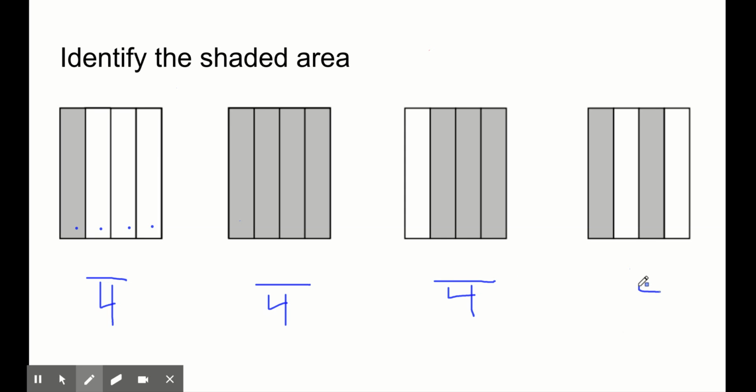The parts that are shaded will be made into fourths. The first one only has 1 shaded, so the shaded area is 1/4. This one has all of them shaded, so the shaded area is 4/4. But we wouldn't say 4/4, instead we would say 1 whole.